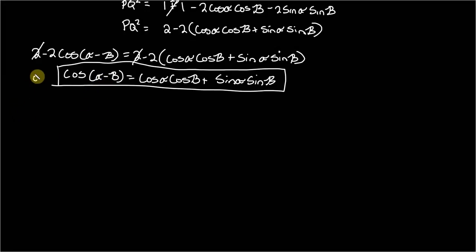Let's denote that as 1, and this as 2. So cos(alpha plus beta), we know, equals cos alpha cos beta minus sine alpha sine beta.